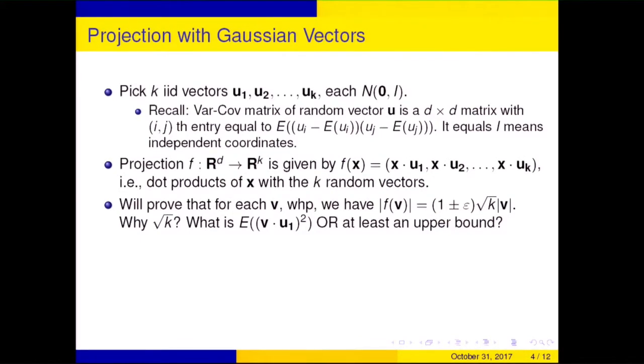V is a fixed vector, u is random, the expectation is with respect to u. Any thoughts about what the expectation of v dot u1 squared might be, or how we might compute it?